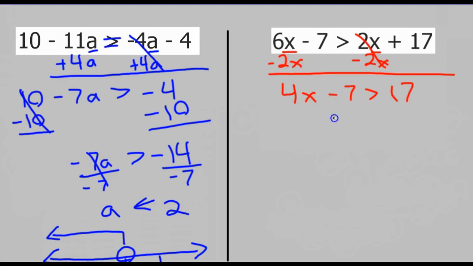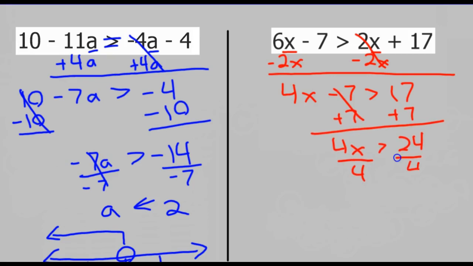Got to move this 7, so we're going to add 7. So we get 4x is greater than 24. Finally, divide by 4. So we get x is greater than 6.